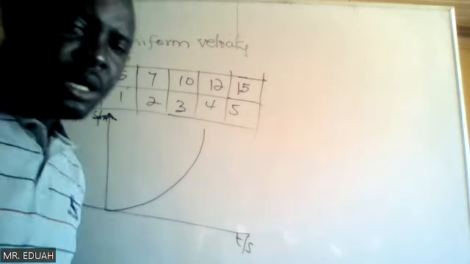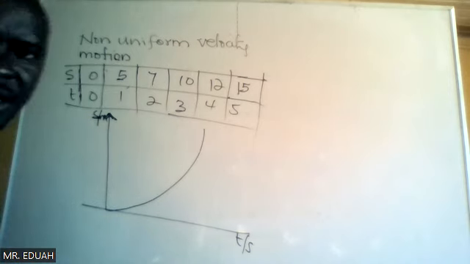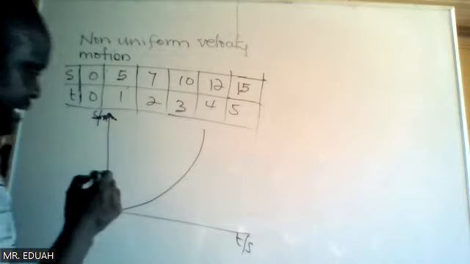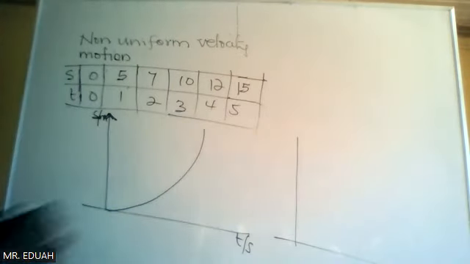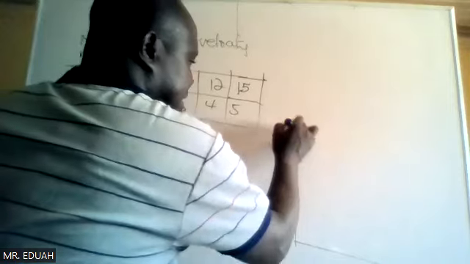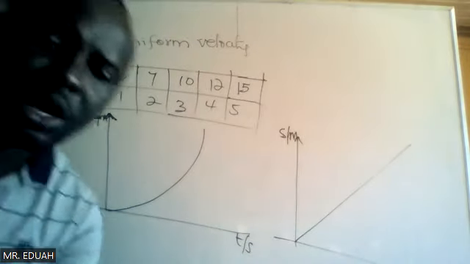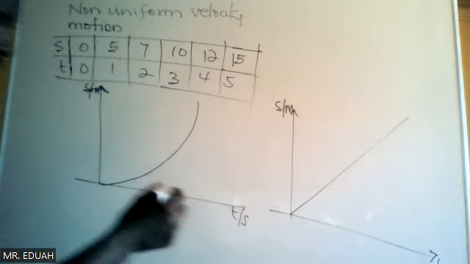You have a curvy graph like this. If the graph is curvy, it means that you cannot, unlike a uniform velocity or speed motion where we had a straight line, because equal distances are covered within equal time intervals.